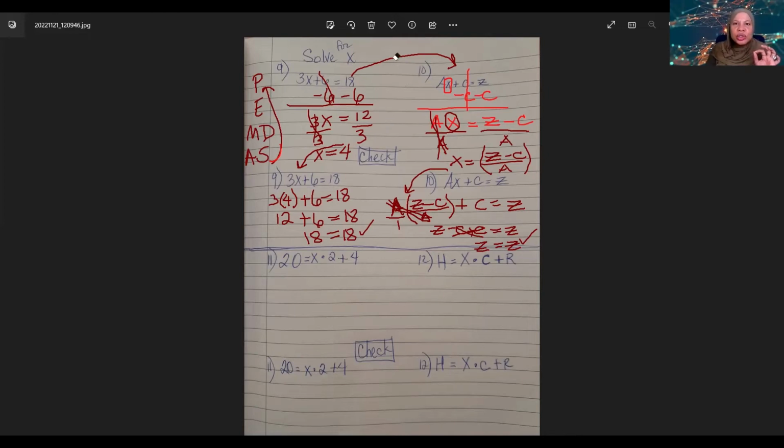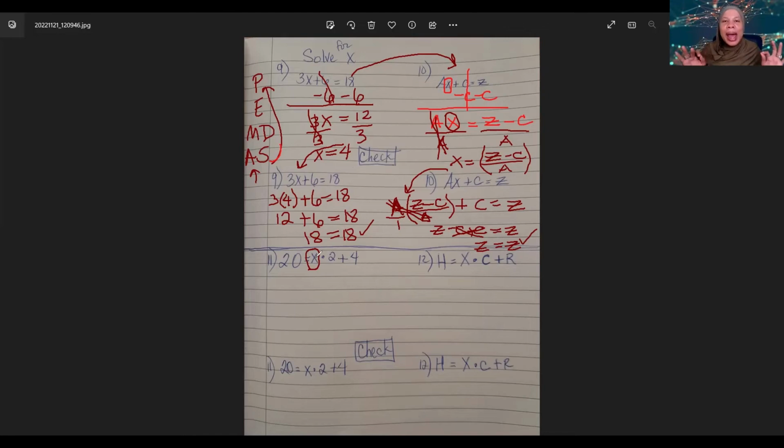Now, I already told you that in order to solve for the variable, you have to do the opposite of the order of operation. So we come up here, we look again, you want to look for addition and subtraction first, okay? I'm trying to get x by itself. Am I going to do the multiplication first or am I going to do addition first?